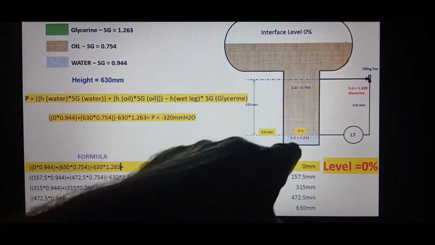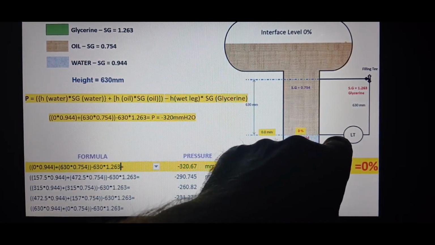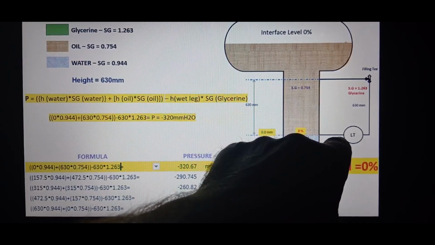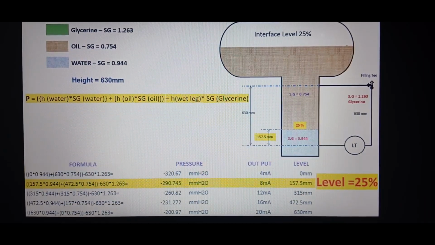And at 0% water, the differential pressure that we have here, or the pressure that you will supply here, will be minus 320 millimeters of water. That's for the 0 level.